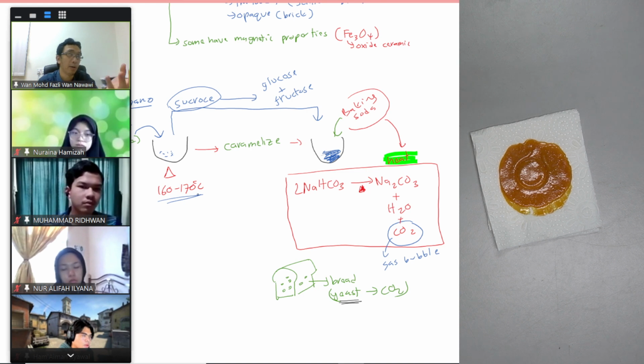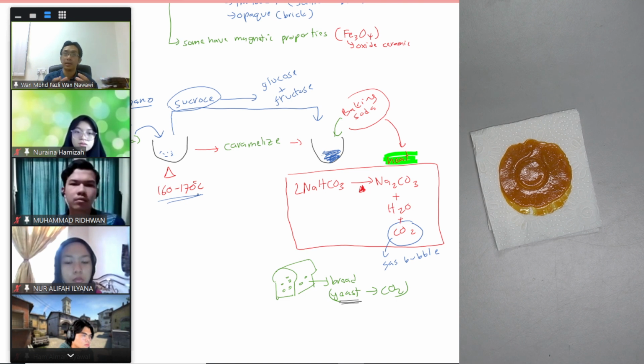For example, inside a fruit you have fructose. The sugar inside the fruit is fructose. For fructose, the temperature to caramelize is normally around 110. That's why when you try to caramelize a carrot, you just need very low heat.